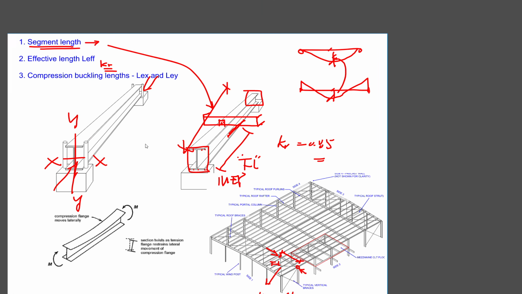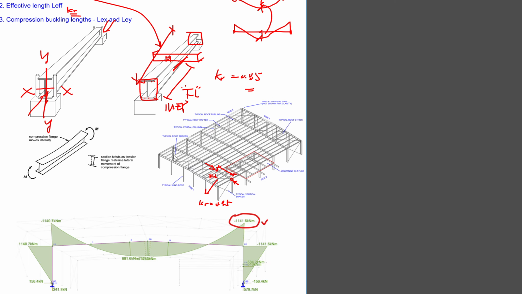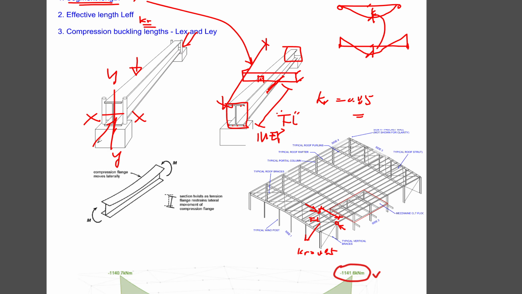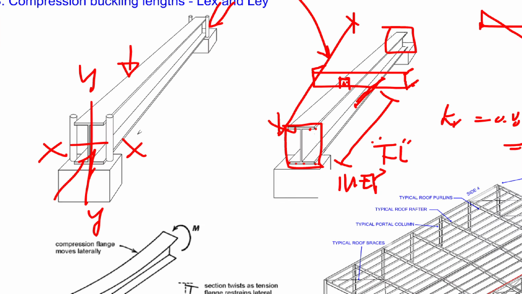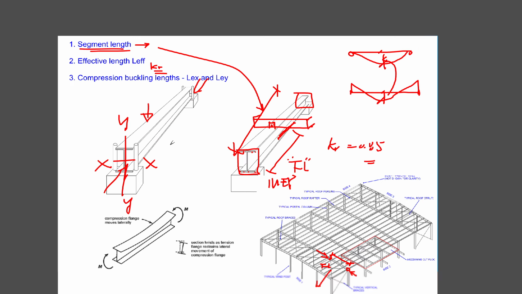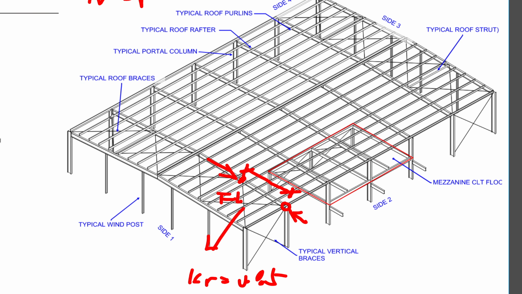Okay, coming back to LEX. The LEX is the bending about the major axis, the x-axis. So we need to think about what the restraints are to prevent my beam from buckling. If you're looking at the portal frame, that's the clear span here. When the beam tries to bend in the major axis, it creates a sag like that.